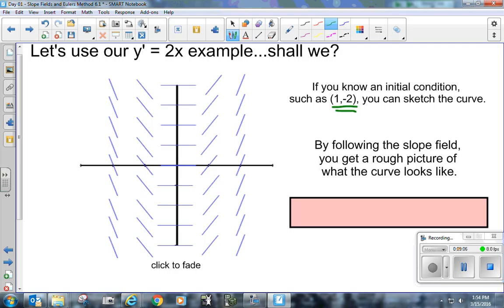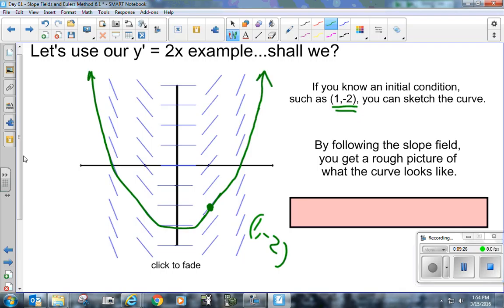So if I go to 1, down 2, it goes through this point right here. That's the coordinate 1, negative 2. Which means, look at the slope here, it goes up. It tilts up a little bit more that way, and it probably goes a little further up. It comes down, it flattens out, comes up, and there you go. That's a parabola right there.